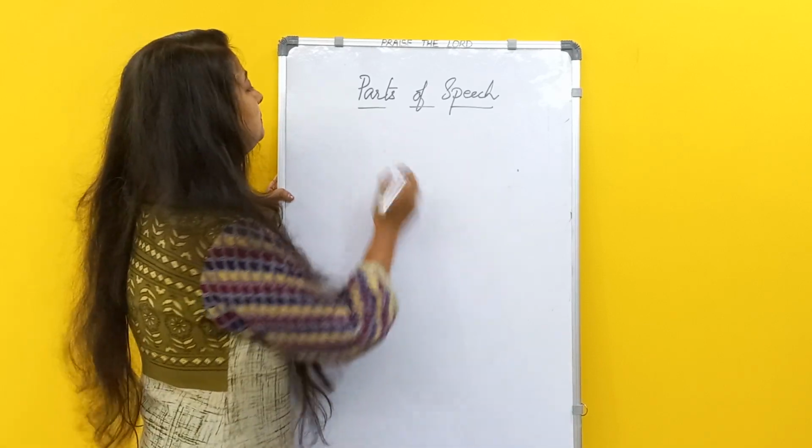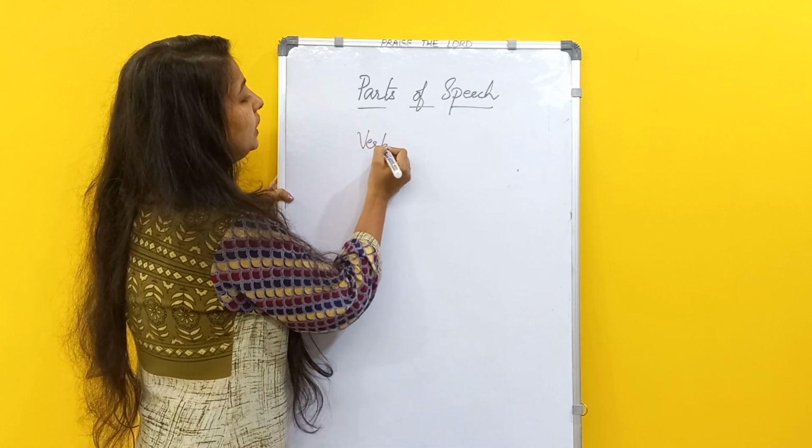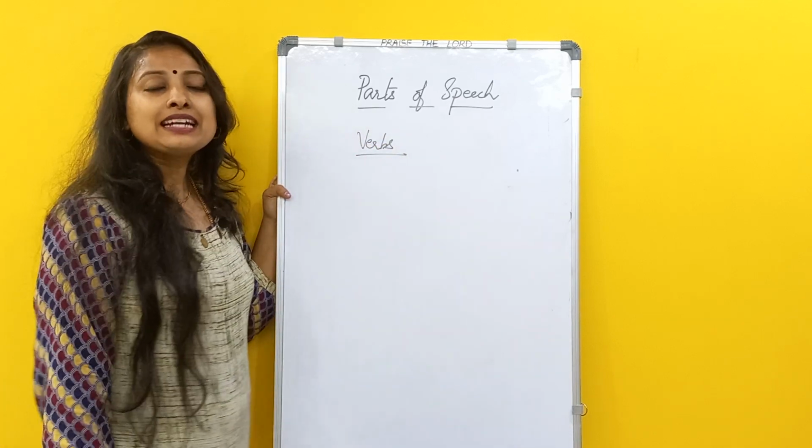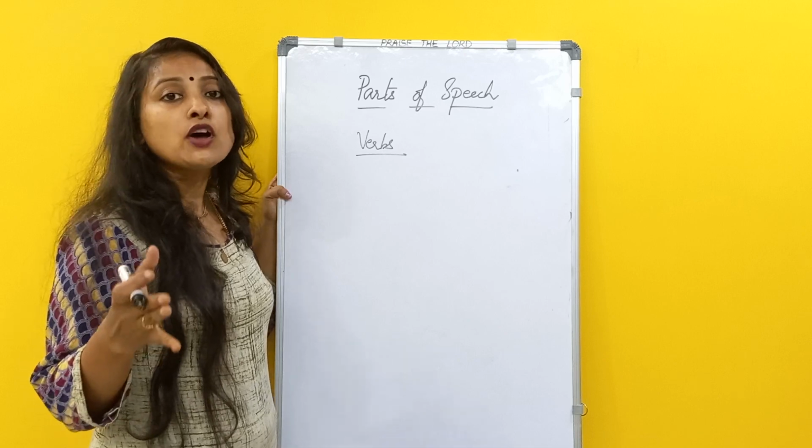Then comes verbs. What are the different types of verbs?